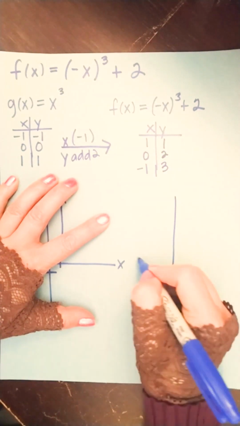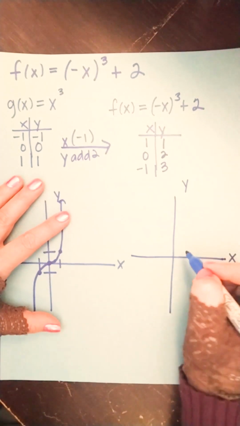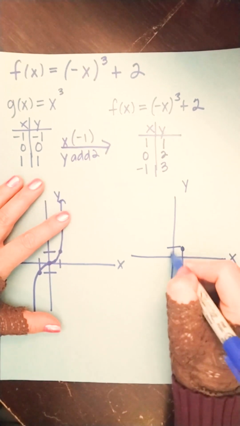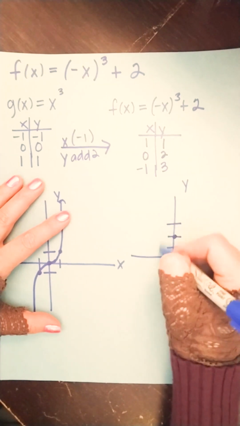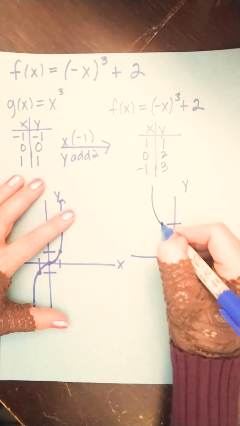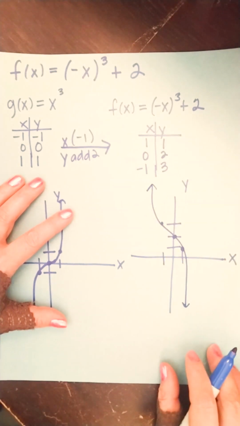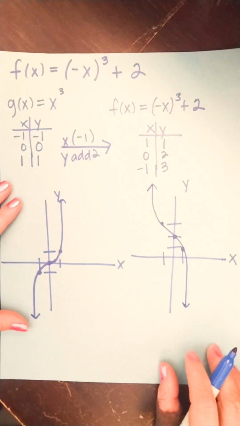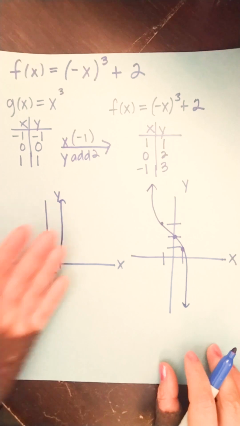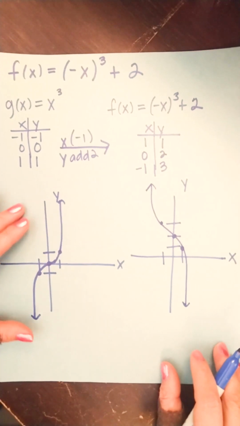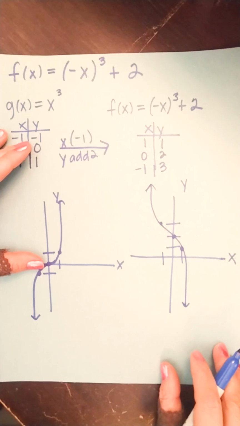And then I will place these points on my little makeshift graphing paper. So I have 1, 1, 0, 2, and negative 1, 3. And then I'll connect the dots. So again, the cube graph is shaped this way. So as you can see, we did the reflection about the y, the horizontal reflection, and then we took the graph and shifted it up 2 units.